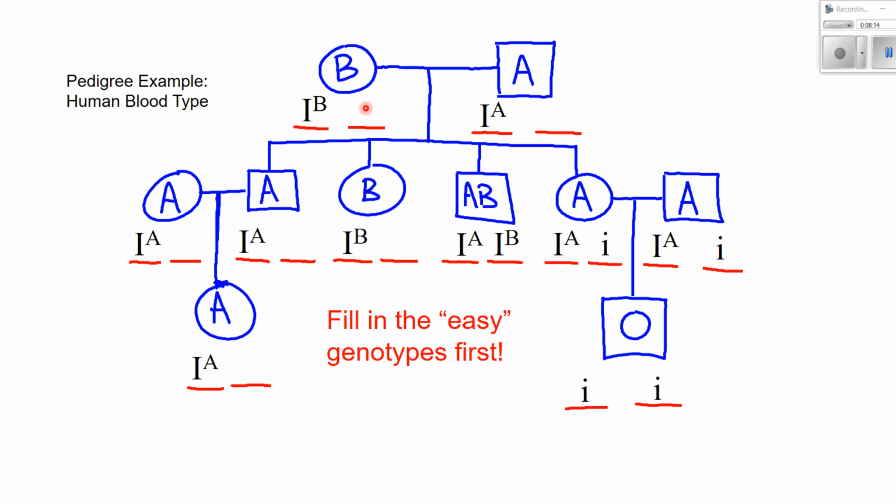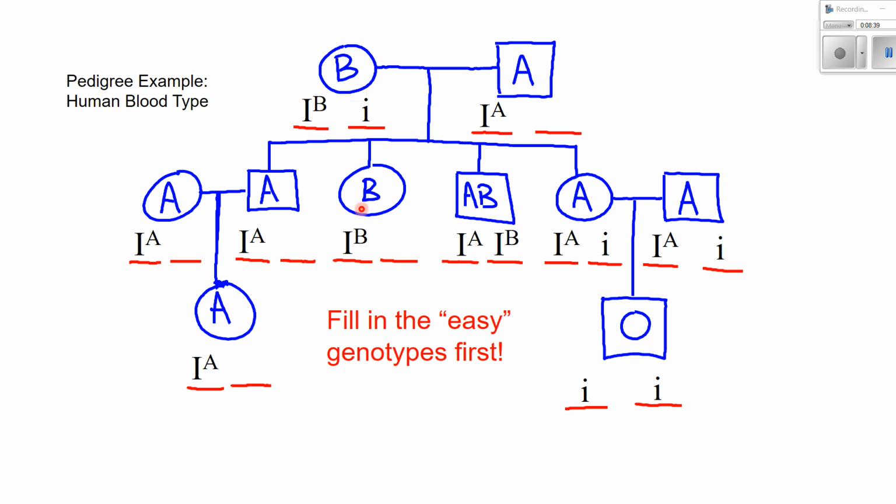The answer to that is no. This cannot be a big IA because then the blood type would not be type B. So this big IA had to have come from dad, which means this little i has to come from mom. So I now know that mom right here has a little i.